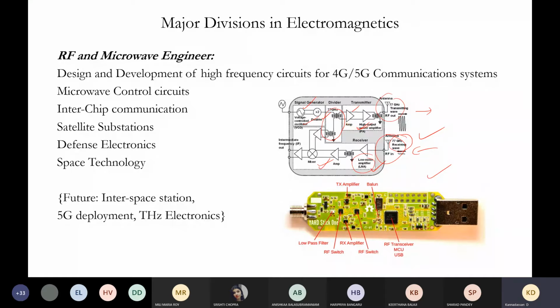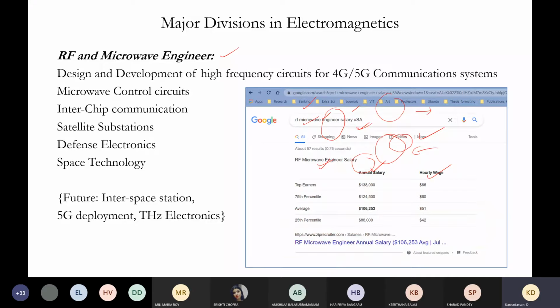For those kinds of work, we need these RF engineers. Interestingly, this RF engineer job is only applicable to ECE students. In fact, no other engineering discipline can even enter into that. That is a specialty of this. If you check the recent salaries, I checked this morning the salaries of an RF engineer in the US.